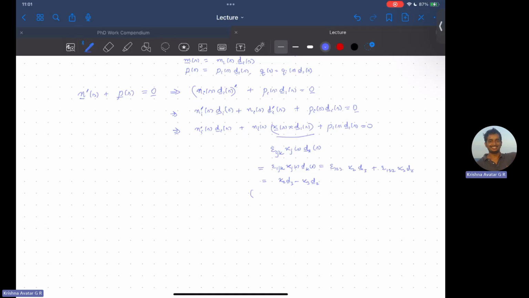Let's just verify. You have kappa 1 d1, kappa 2 d2, kappa 3 d3 cross d1. d1 cross d1 is 0, and d2 cross d1 is minus d3, giving minus kappa 2 d3.